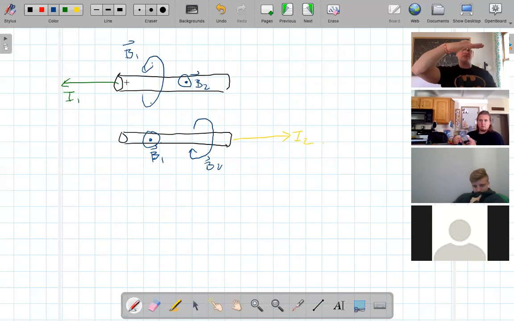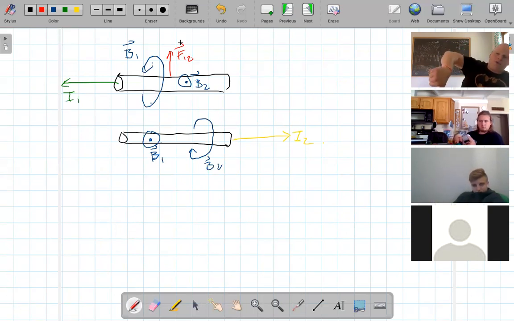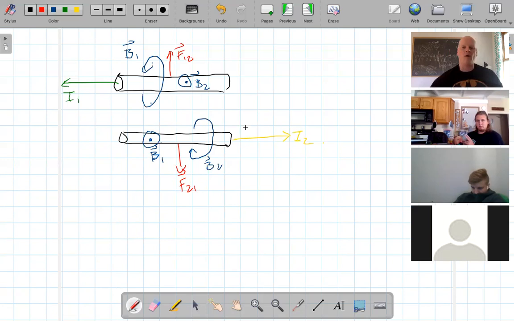The external magnetic field is pointing out, so I have to rotate my palm towards me and curl, which means that the direction of the force on 1 is now this way. Instead of towards it, it's actually away from it. And for 2, I point my fingers in this direction. The magnetic field is out, so I rotate my palm this way and curl, so my thumb points downward, which means the force on 2 by 1 is now away from the wires.